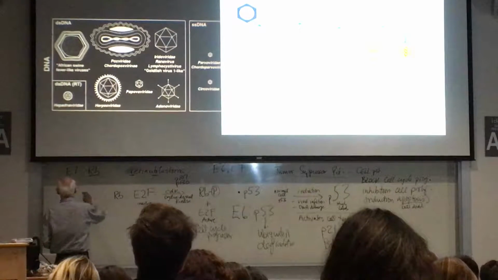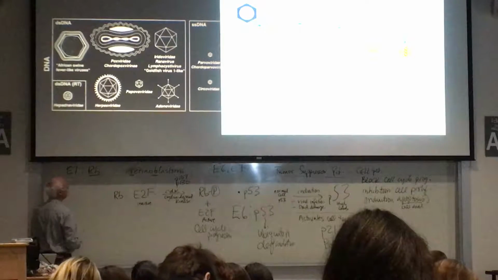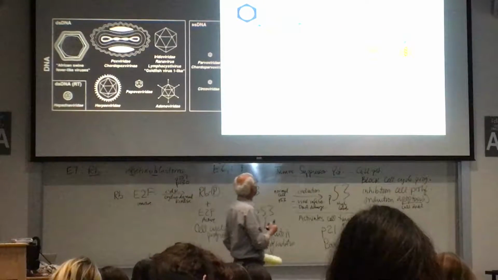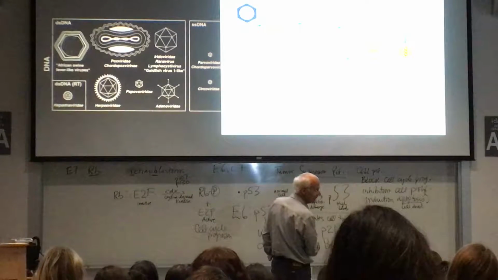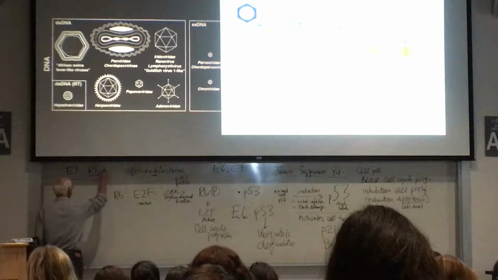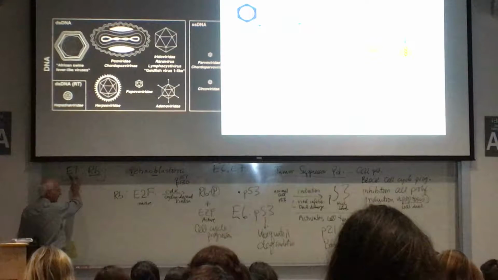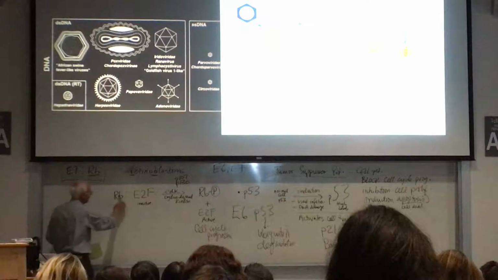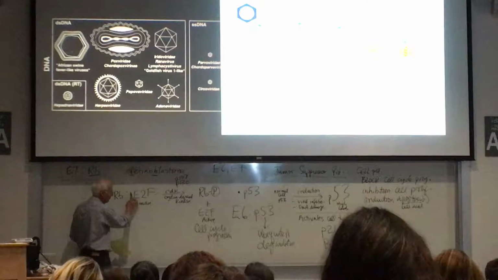So now in the HPV infected cell, we make E7. E7 is targeted to the nucleus. E7 interacts with RB. So when E7 interacts with RB, it inactivates RB. And so RB then cannot interact with E2F to turn off E2F.